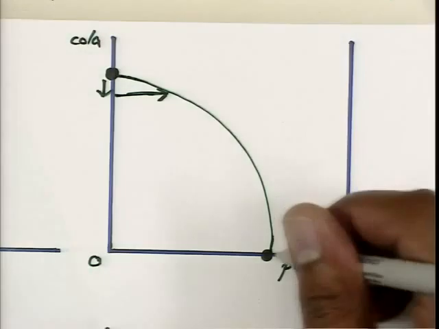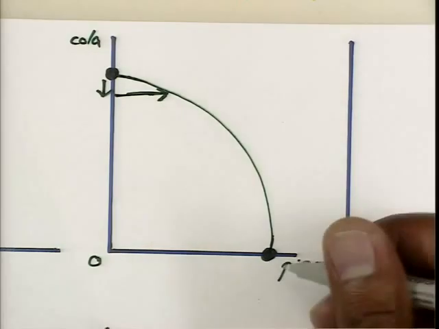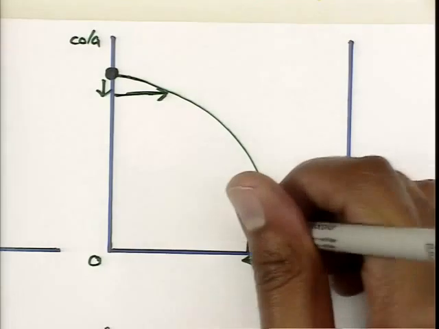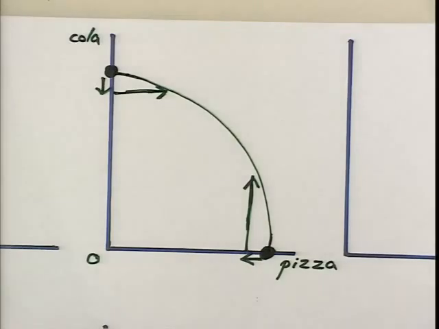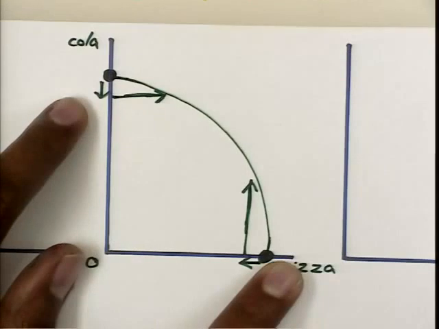If I'm only making pizza at the moment and I want to start making cola, I'll take away whatever resource is not productive in making pizza, but is very productive in making cola. So the production possibilities tends to be quite steep towards the x-axis. So it starts off very flat and ends up very steep.